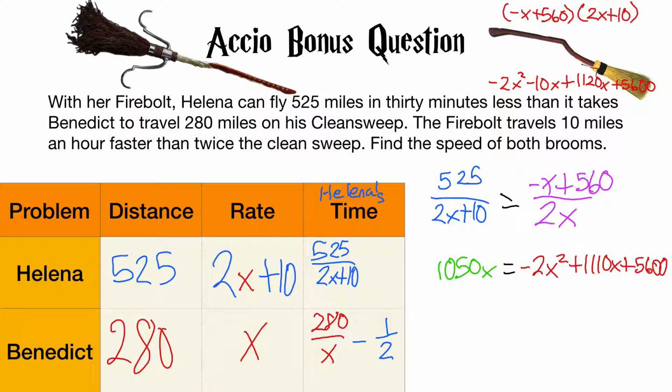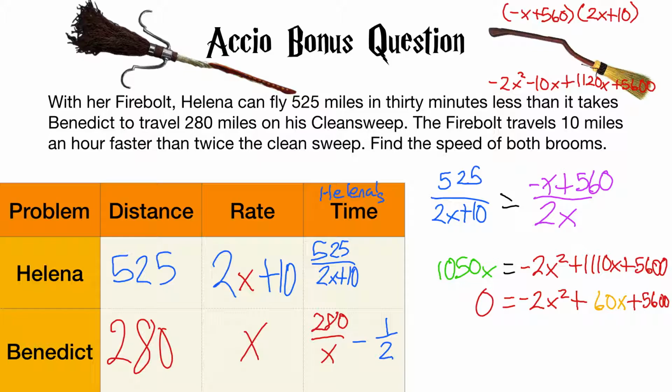At this point, I subtract my 1,050, and I end up getting negative 2x squared plus, in this case, our leftover is 60x, and then plus 5,600.